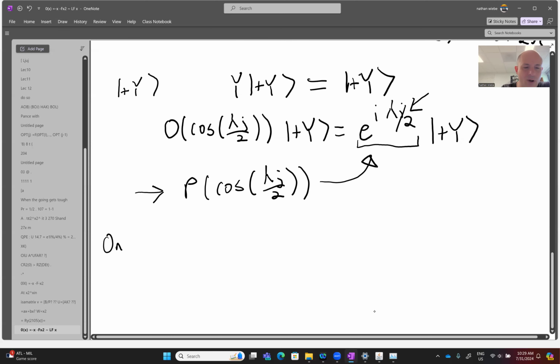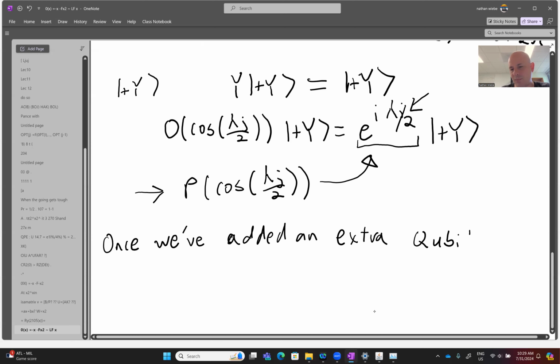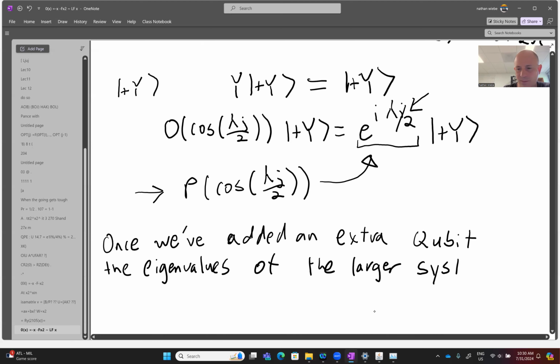So once we've added an extra qubit, the eigenvalues of the larger system can be transformed using QSP.